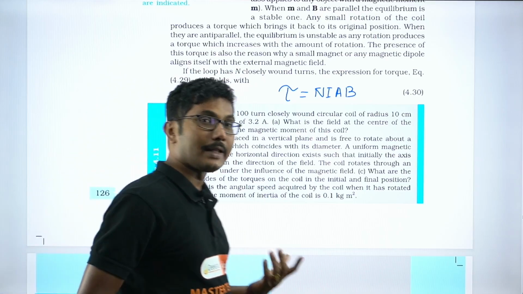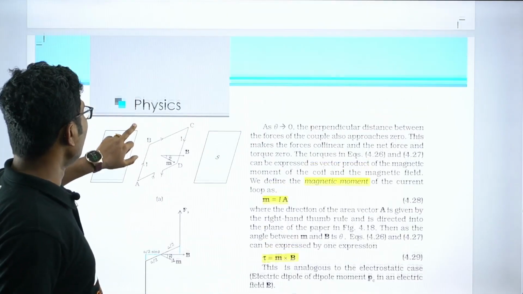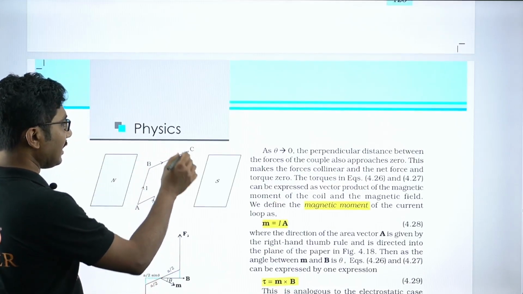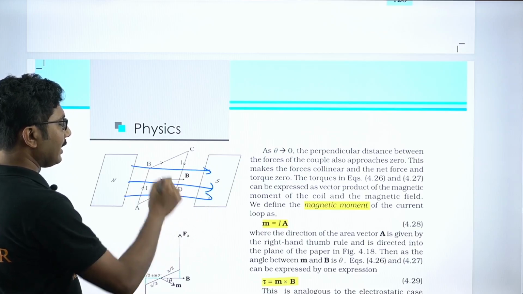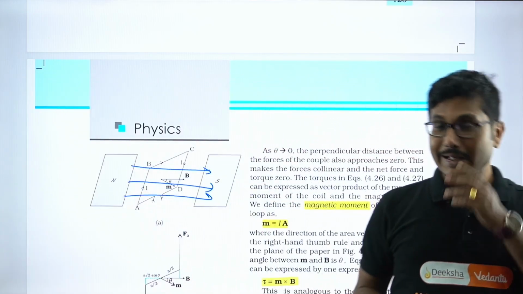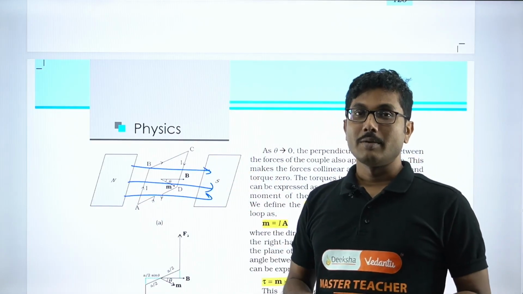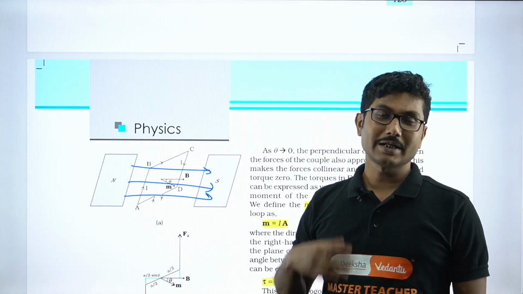So the loop is current carrying. What is happening here? We have a current carrying loop and you keep it in a magnetic field. When this current carrying loop is kept in the external magnetic field, it experiences a force. Because of this force it experiences a torque.